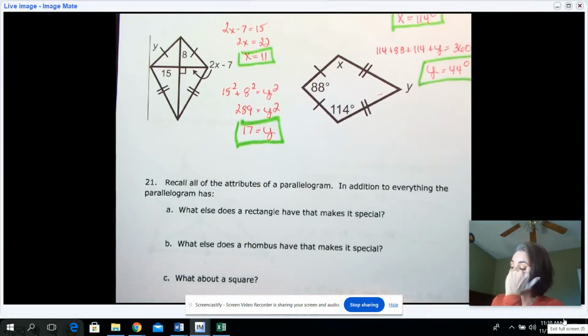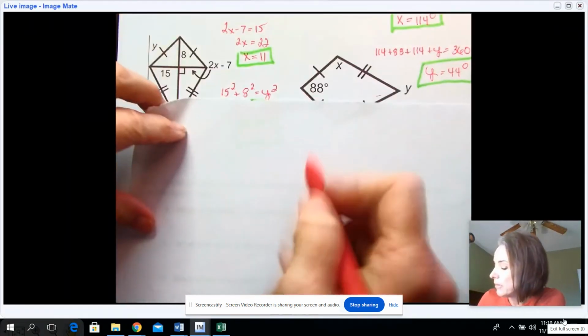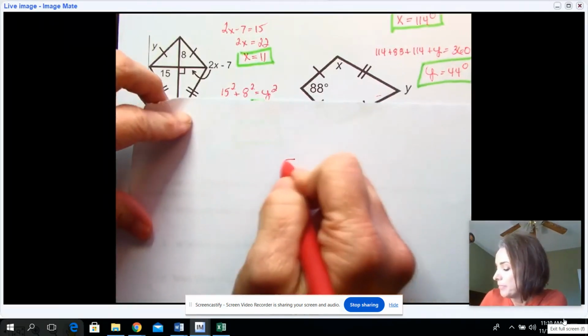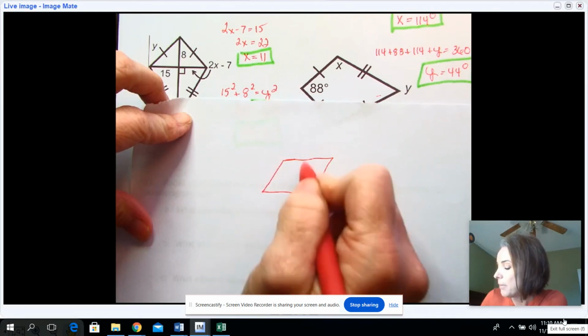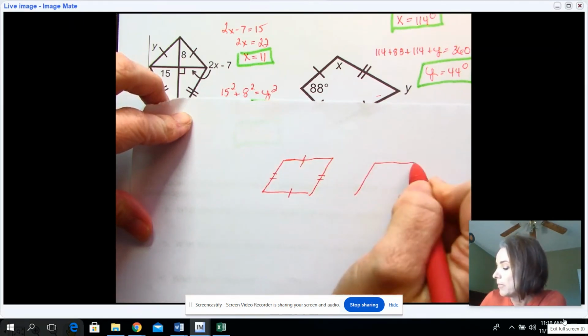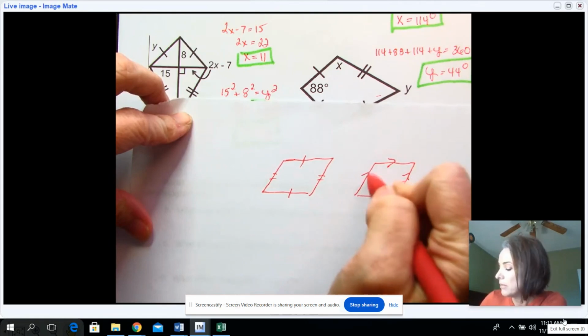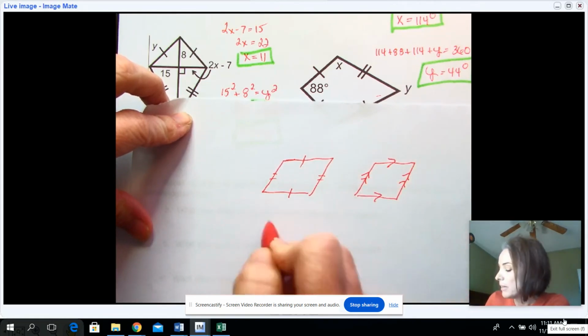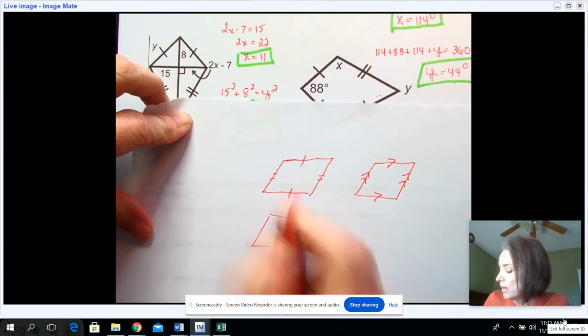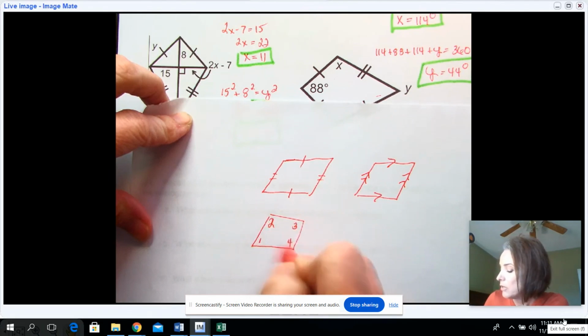All right, so recall the attributes of a parallelogram, in addition to everything the parallelogram has. So let's just remember a parallelogram. Opposite sides are congruent. On a parallelogram, opposite sides are parallel. On a parallelogram, this is angle 1, 2, 3, and 4.